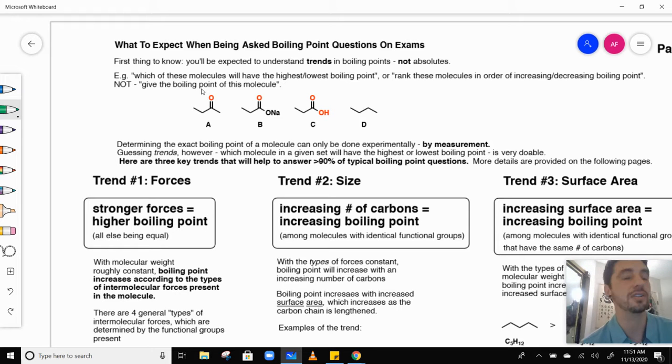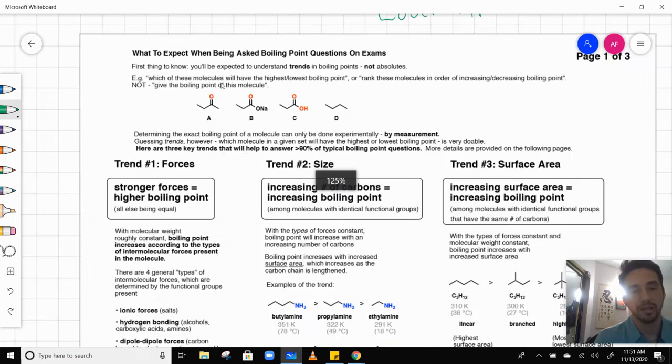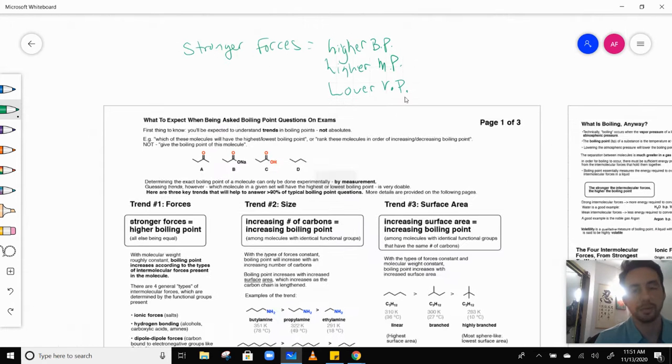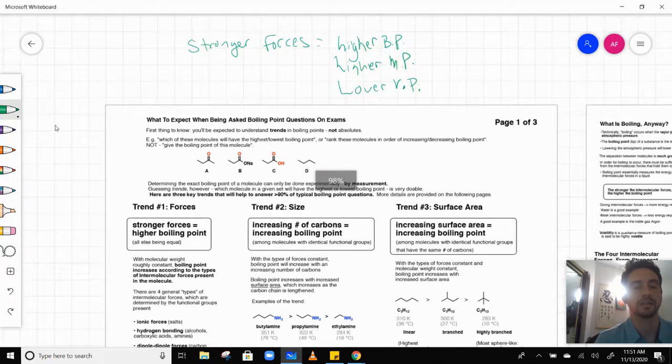You have to understand that whichever one has the lowest vapor pressure has the strongest force. Whichever one has the highest boiling point has the strongest force. Highest melting point, the strongest forces. And forces meaning we're looking at forces, but all these things come into play.